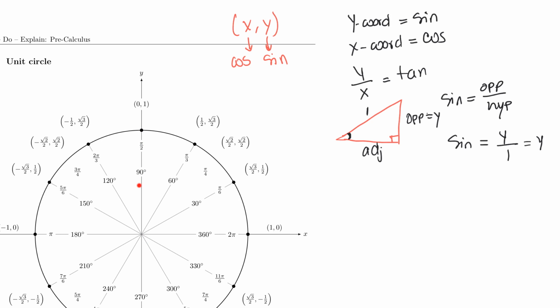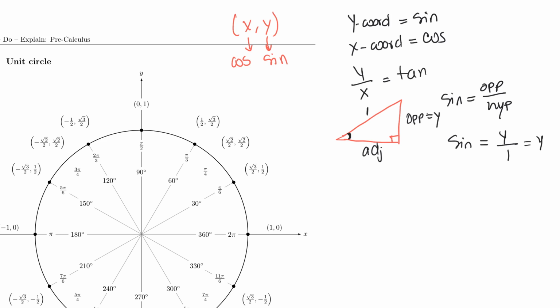For the 90-degree angle, which is this one right here, we ended up in a point here. Our x-coordinate is equal to 0 and our y-coordinate is equal to 1 because it's the radius of the circle. So this means that the cosine of 90 is equal to 0 and the sine of 90 is equal to 1. Okay, so let's recap that.